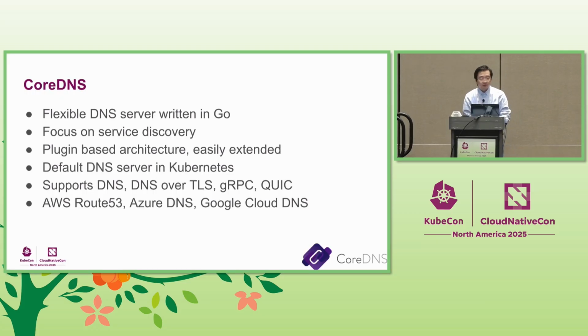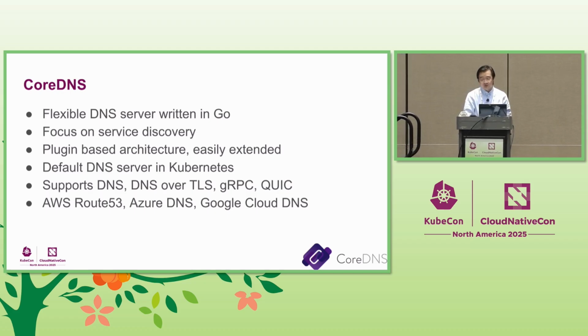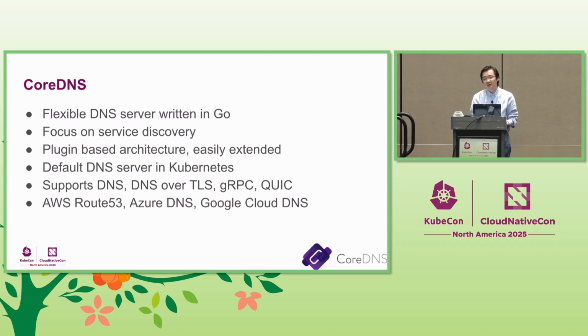As many of you know, CoreDNS is a flexible DNS server written in Go. It has been around for quite a few years. It started around 2016. At the beginning, it was a fork of the Caddy web server. Over the years, we made significant changes to convert Caddy's HTTP traffic processing into UDP traffic processing.